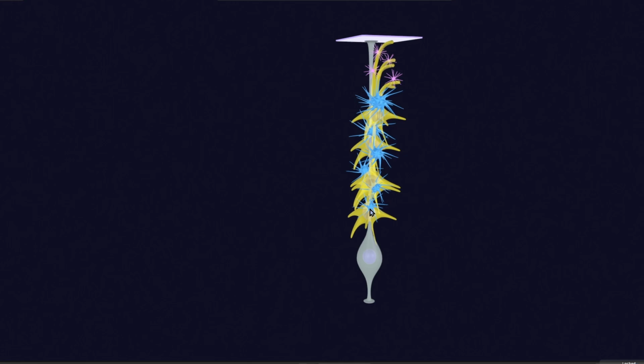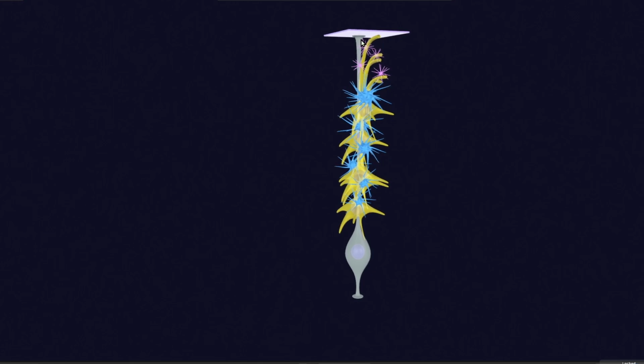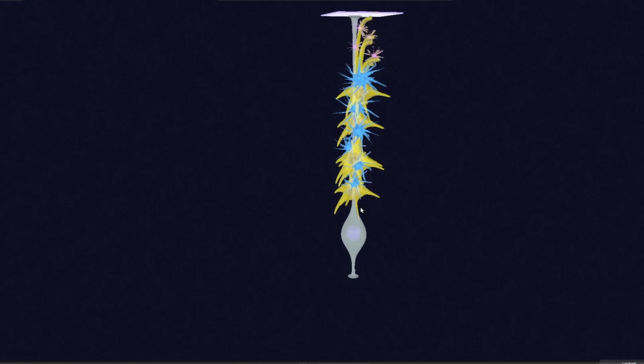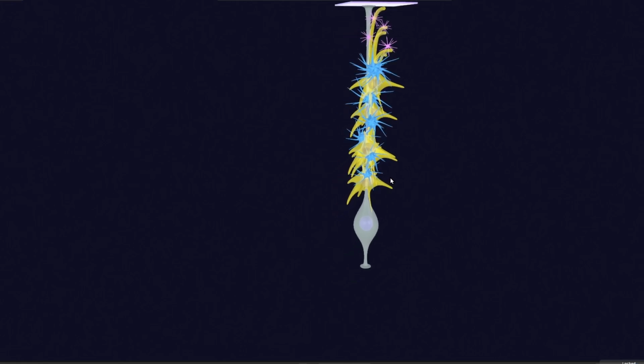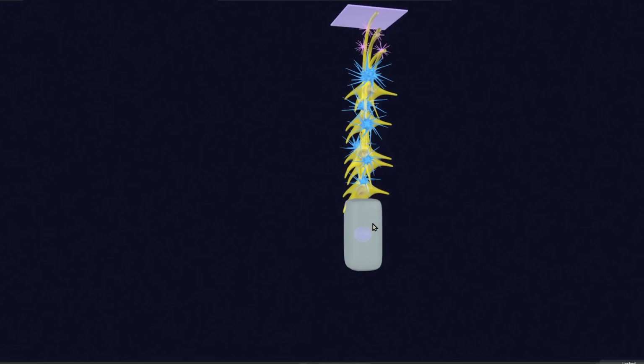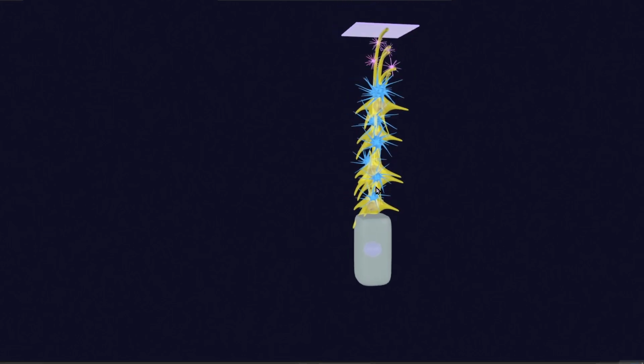Now they want to relax and retire. So they will bring back their process and transform into another type of cell, and these cells line the luminal surface of the neural tube.